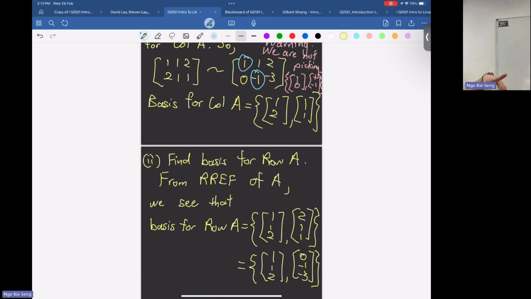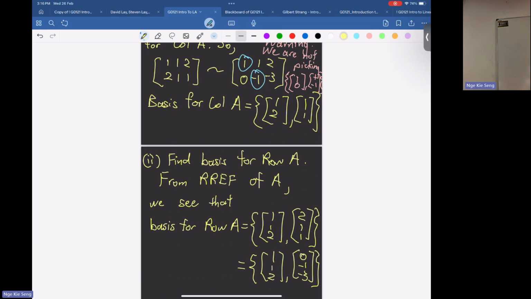When you do REF, what do you do? You take linear combinations of rows, right? So actually you are playing around with the span of the rows already. So the span is the same.